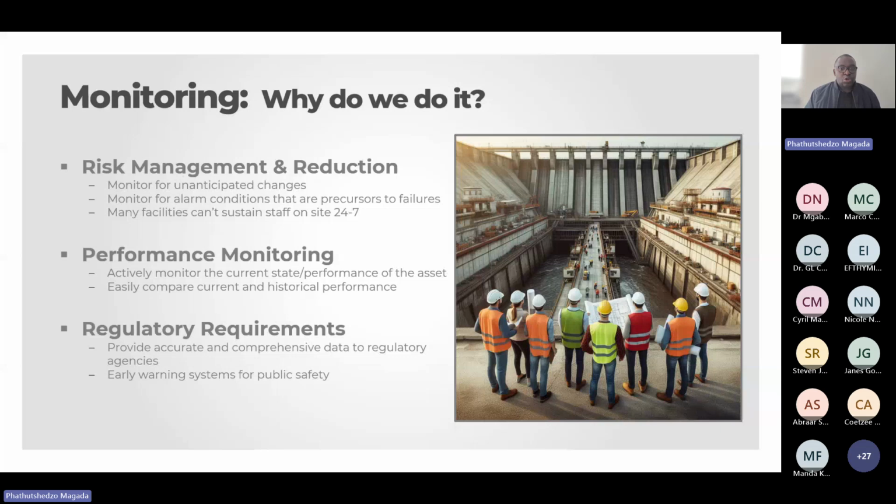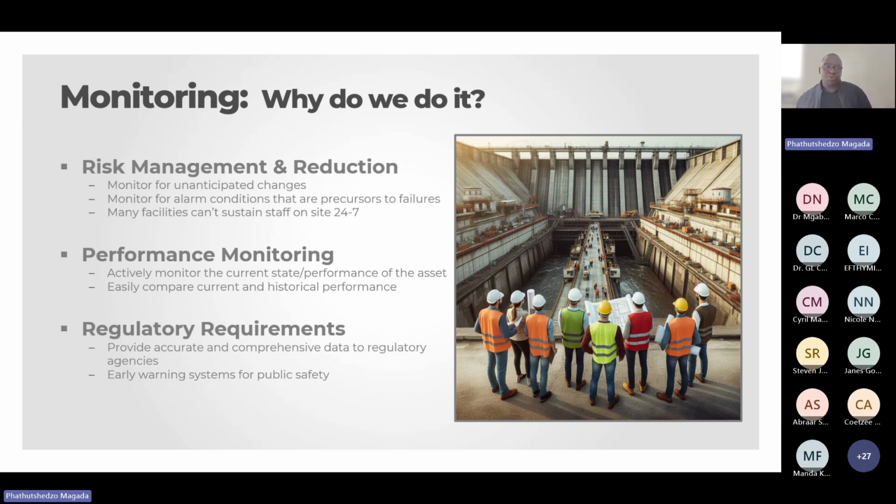So we also need to monitor to ensure that our structures are performing in line with the international standards. Actively monitoring the dams will ensure that the assets that we deployed in the field are in good state and they are safe to use.